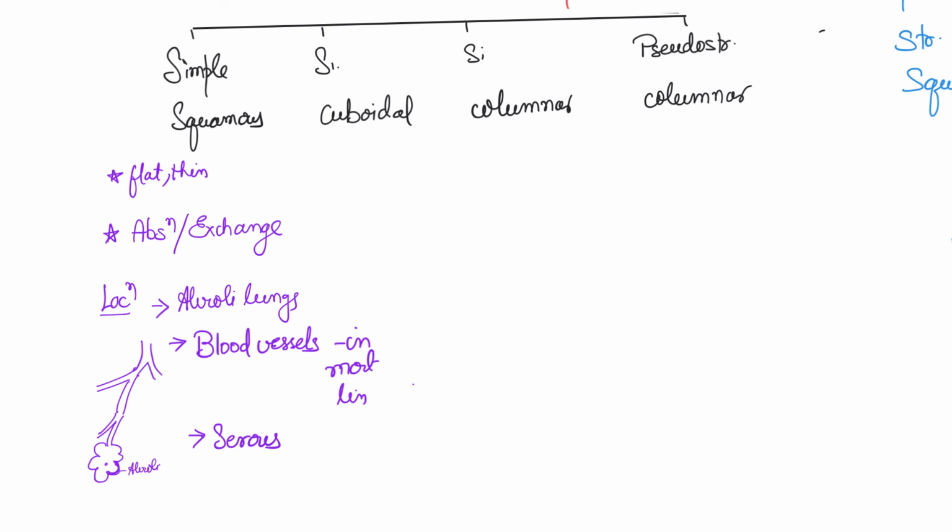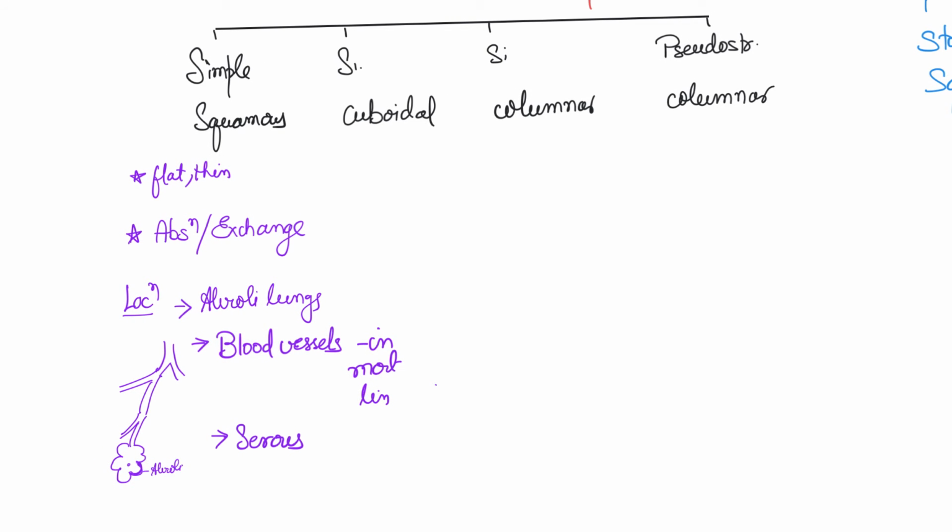The next category is simple cuboidal. Now, what function does cuboidal have? Because they are very uniformly made, they form good structural components, right?